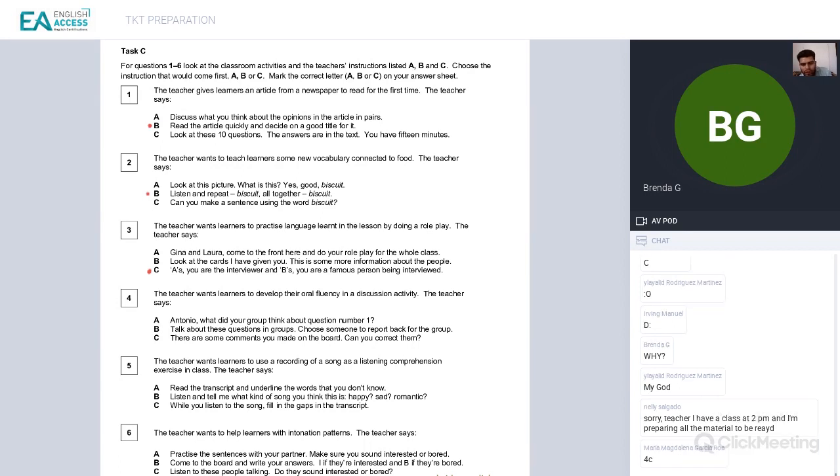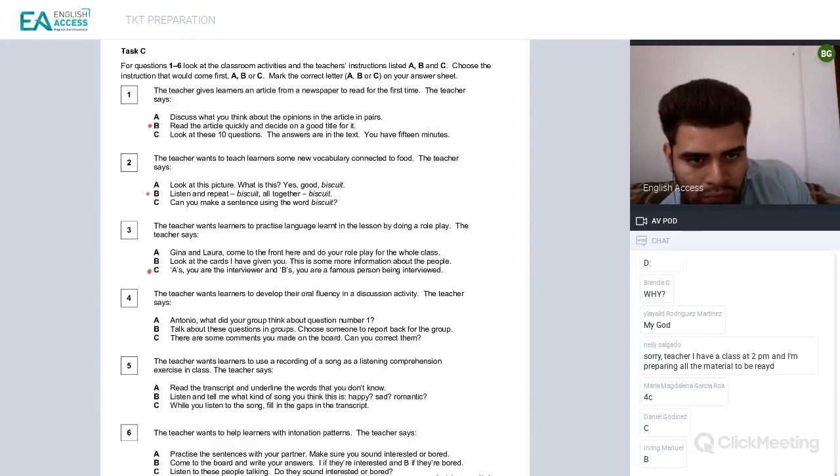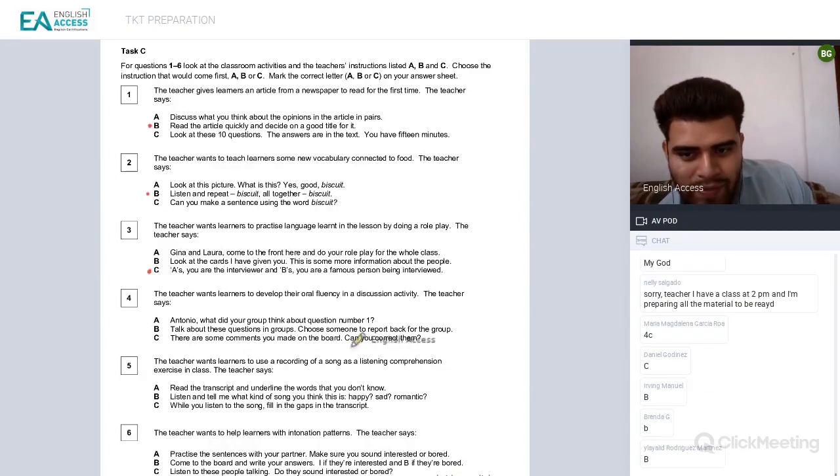Okay. What do you think goes first for number 4? For C? Okay. Daniel says C. Irving says B. Ela says B. Yes, B is the correct one here, my friends.